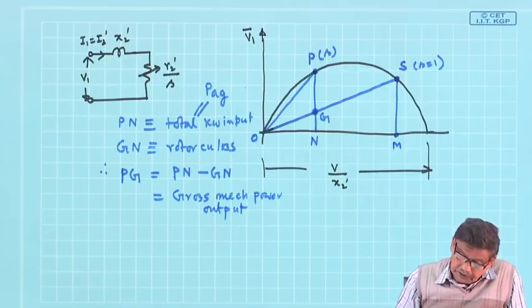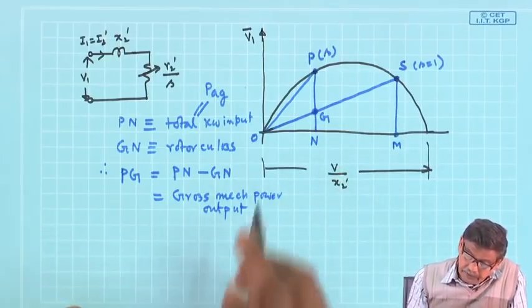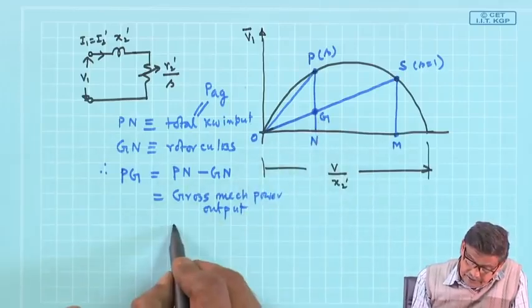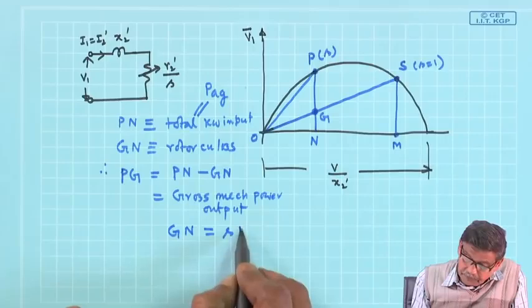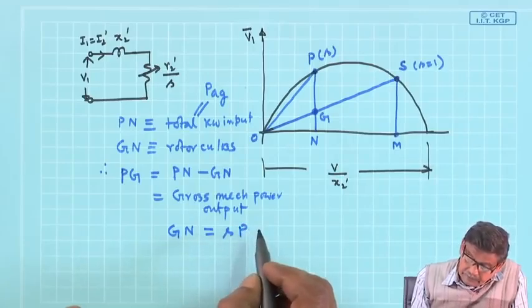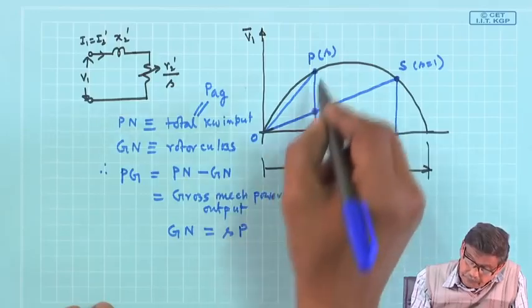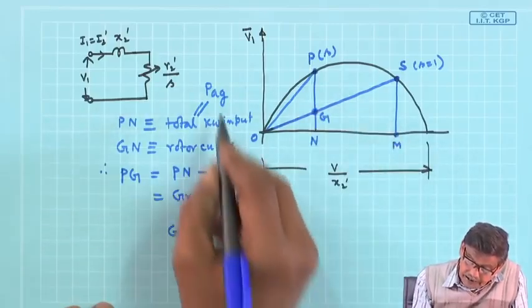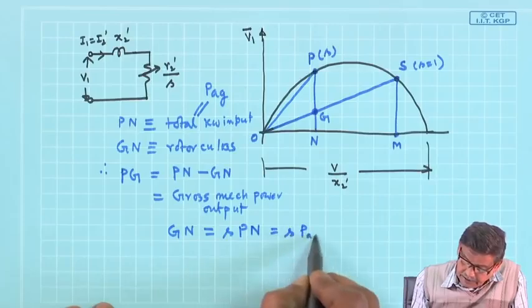For obvious reasons, this Gn must be equal to s into Pg. Pn is the air gap power, that is s into P AG, this I know.